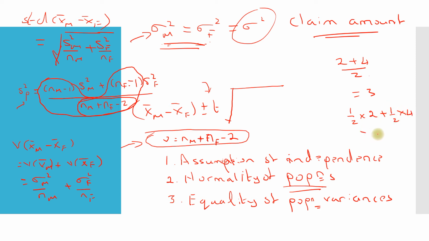This is going to give me 3, but it's a different way of re-expressing the same thing you are used to. The only difference is that the numbers 2 and 4 are here, but there are two weights attached to them, a first weight and a second weight, and both weights are the same, they are equal. So in fact, the average that is common to you that you already know is itself a weighted average.